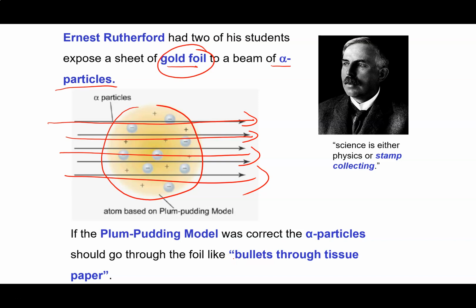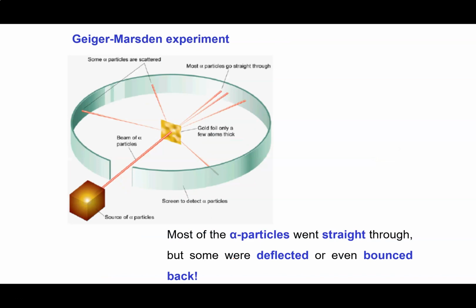So let's have a look at what he did. He gets a source of alpha particles by putting a radioactive sample of matter in a box that just has a pinhole in it. It's a lead box, and lead can block alpha particles, and because it's got a pinhole in it, you're just going to get a beam of alpha particles, which are positively charged. Then he erects a screen that's coated in material that glows when a charged particle hits it.